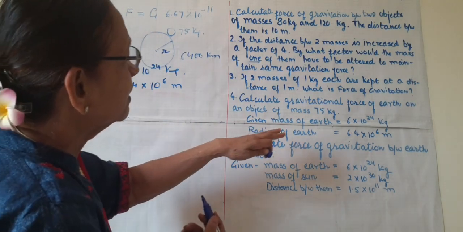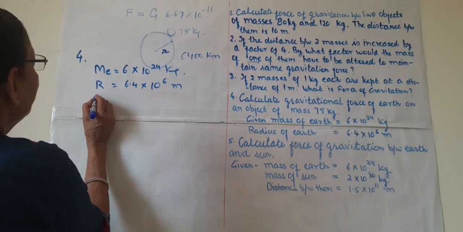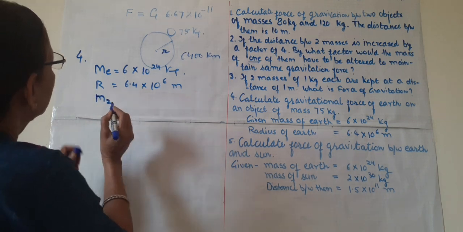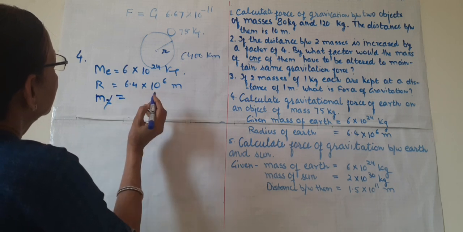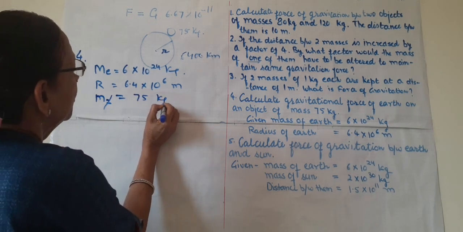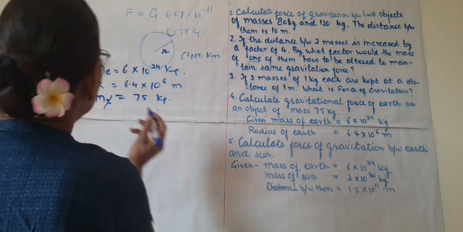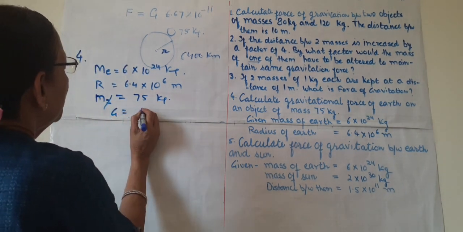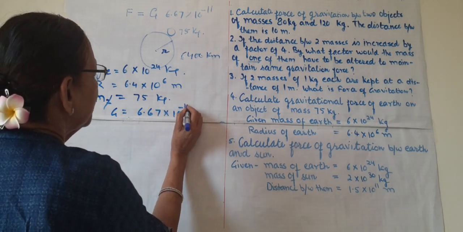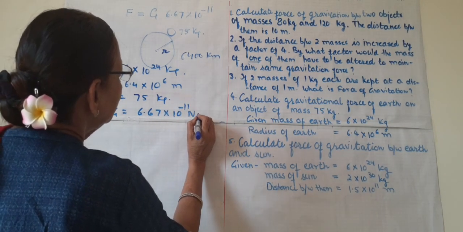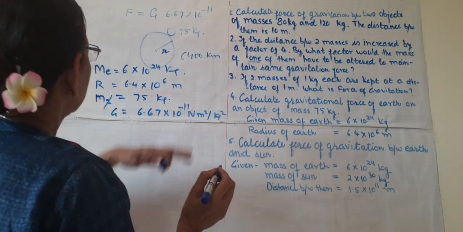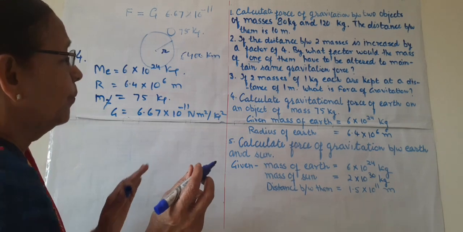Now what else is given? The mass of the other object, we can say M2, or simply M. It is 75 kilograms. So this is given. G, we will write by ourselves: 6.67 into 10 raised to power minus 11 Newton meter square per kg square. So this is what we know.